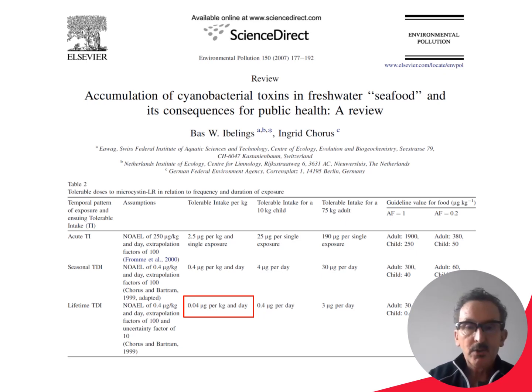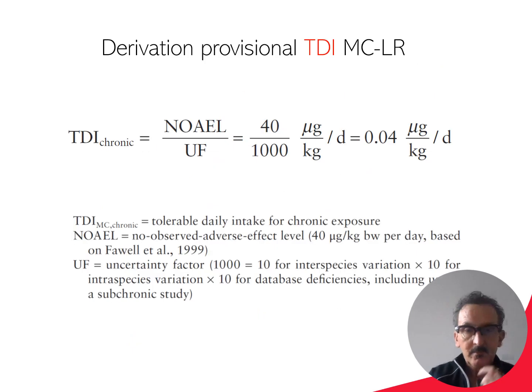And then there could be an acute intake of microcystins. For instance, if you go swimming and you swallow, say, some blue material, the acute TDI would be 2.5 instead of the original 0.04. So here we start to differentiate between different types of exposure, and that becomes relevant for the rest of the slides.